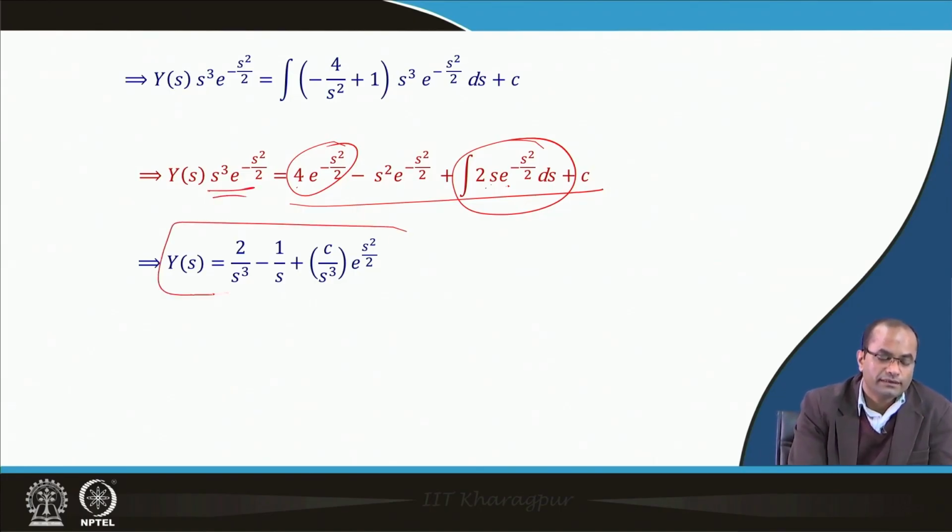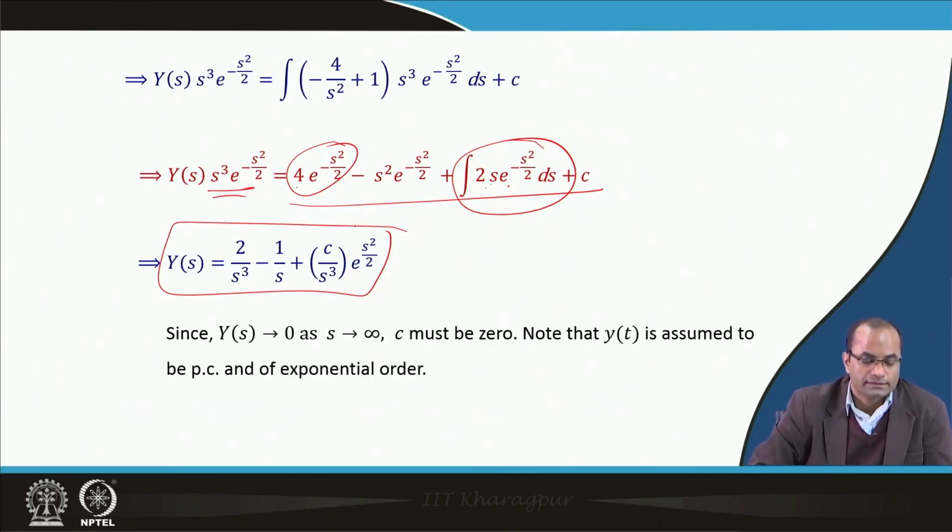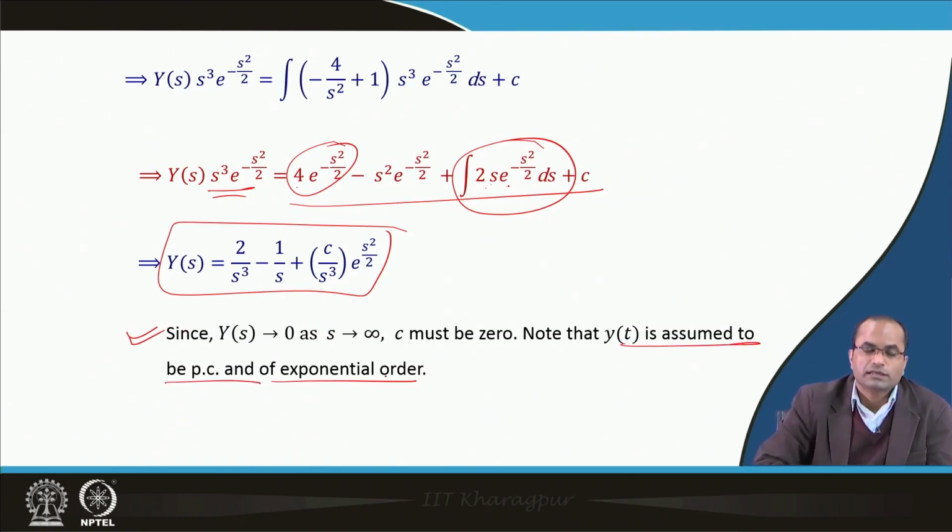So, finally, we get the expression for this y s in terms of s, and since we assumed already that y t is piecewise continuous and of exponential order, we know the property of the Laplace transform, that its transform must go to 0 as s goes to infinity.